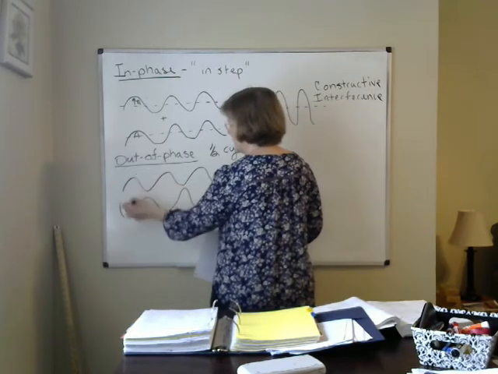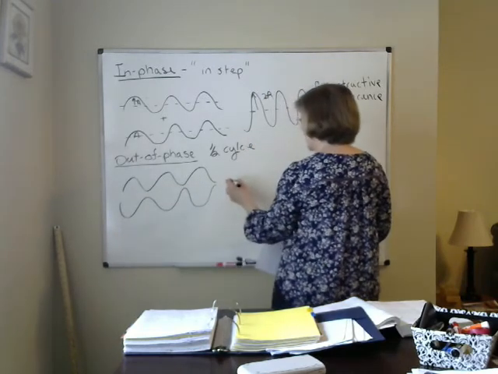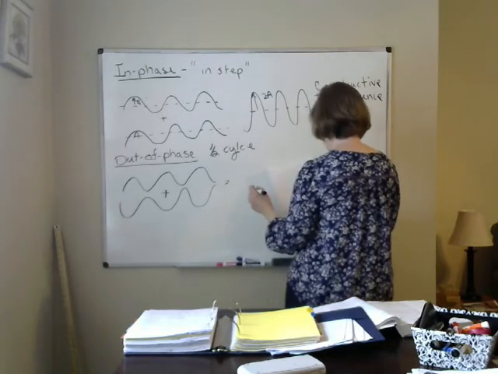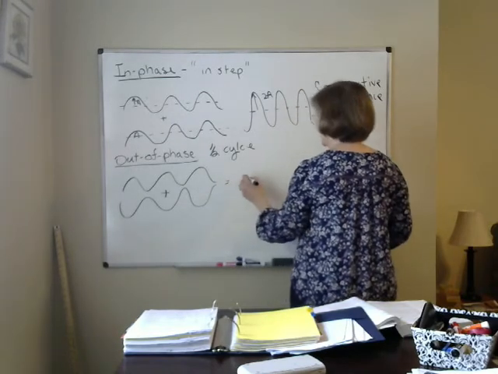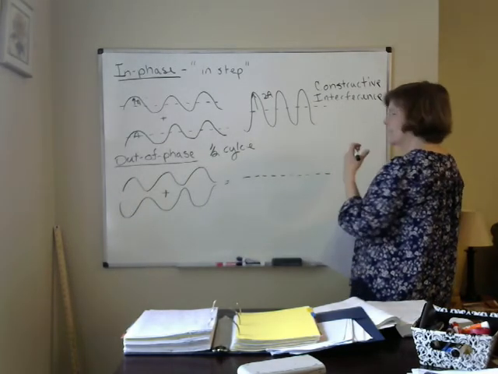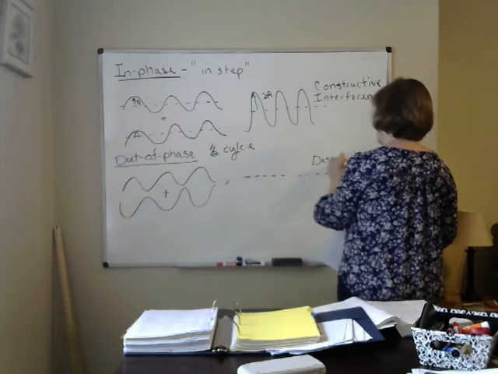Notice here we have a crest, here we have a trough, here we have a trough, here we have a crest. If I were to add those two waves together, they would actually result in a zero amplitude wave. That's a case of complete destructive interference.